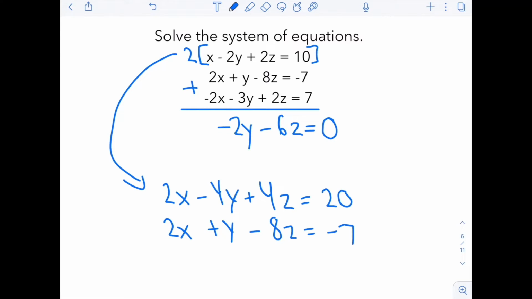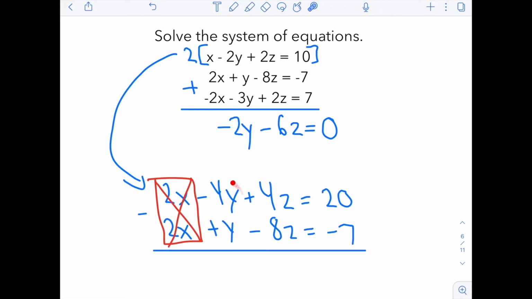To cancel out the x's, I'm going to have to subtract, because the x's both have a coefficient of 2, and if you subtract 2 and 2, you get 0. So this right here, 2x minus 2x, cancels out. Now we have negative 4y minus y, so that's negative 5y.